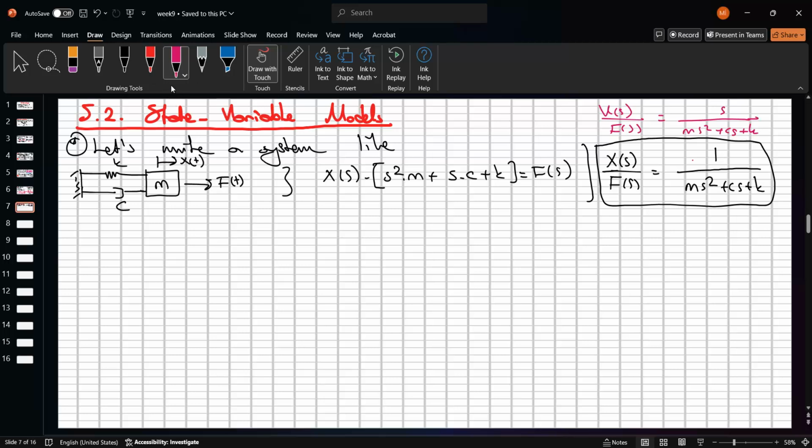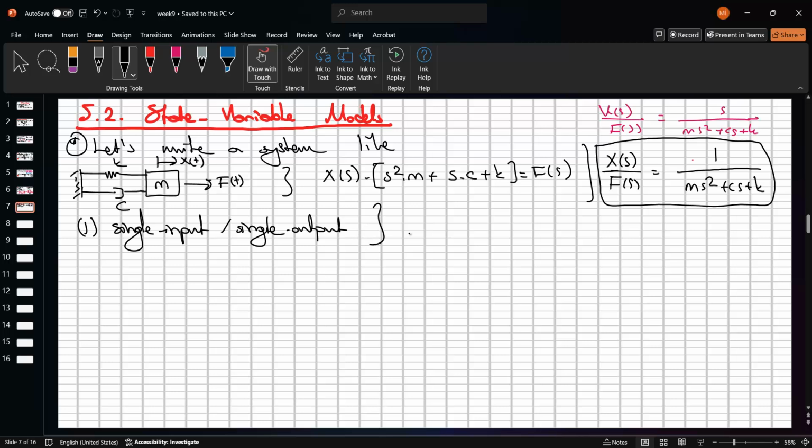So this is called a single input and single output system, because we have F as input and the output is either X(s) or V(s).